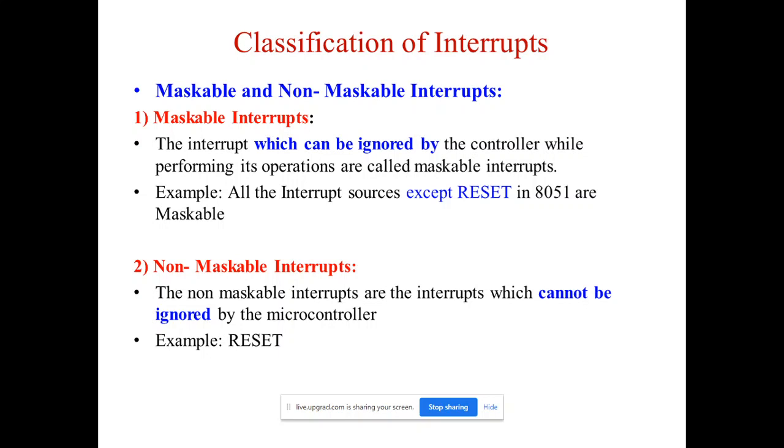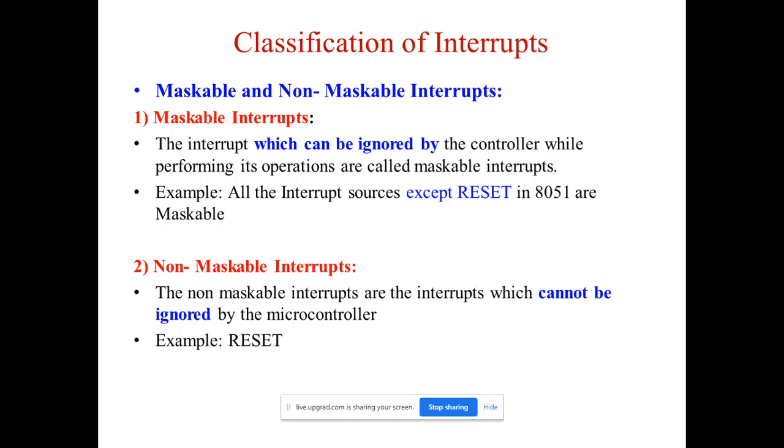Even if anybody wants service from the microcontroller, it is in the controller's hands to avoid that: I don't have sufficient time, I am doing a critical task, I will not provide service to you. In this fashion it is a maskable interrupt, and non-maskable interrupt means you must serve that.